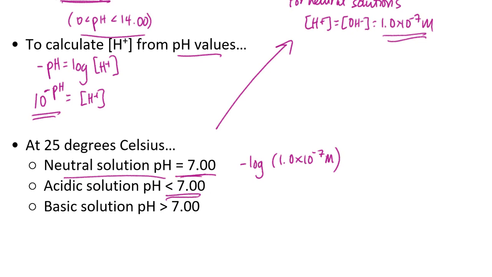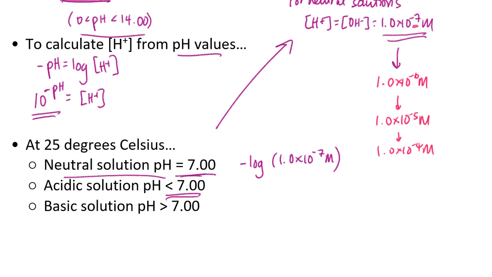Now I know that seems counterintuitive at first, but keep in mind that if I have a hydrogen ion concentration of 1 times 10 to the negative 7th, then if this concentration were going to get larger, the exponent would actually end up getting less and less negative. So if I had a concentration of 1 times 10 to the negative 6 molar, that would be larger than 1 times 10 to the negative 7th, or 1 times 10 to the negative 5th, or 1 times 10 to the negative 4th, and so on.